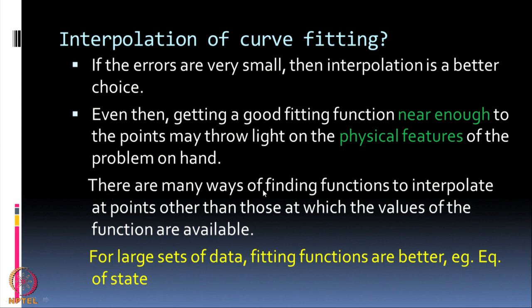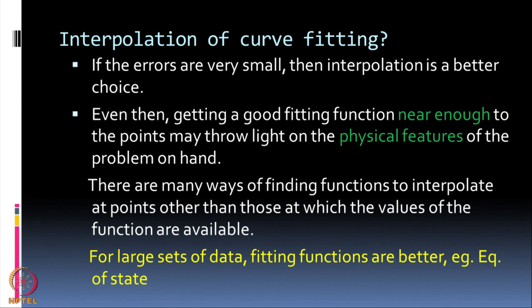Now, there are many ways of finding functions to interpolate at points other than those at which the function values are available. We will consider several ways of finding these interpolating functions as we go along. But as a general comment, I can say that if you have a very large set of data, fitting functions are much better. For example, suppose you want to know the equation of state.